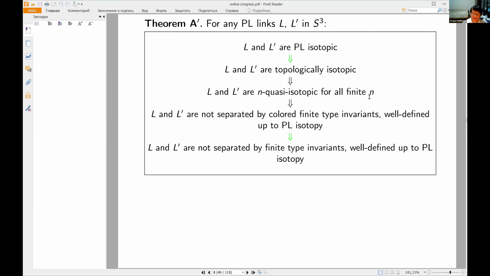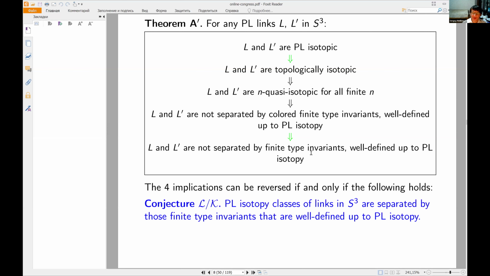Another point of this equivalence relation is that if they are n quasi-isotopic, then they are not separated by type n invariants, and even by colored type n invariants, which are well defined up to PL isotopy. So not by all of them, but only by those which are well defined up to PL isotopy. And then again, you can omit the word colored, and you get a trivial implication because finite type invariants are colored finite type.